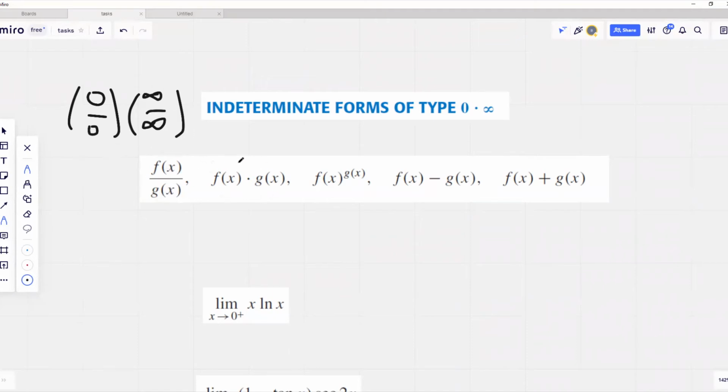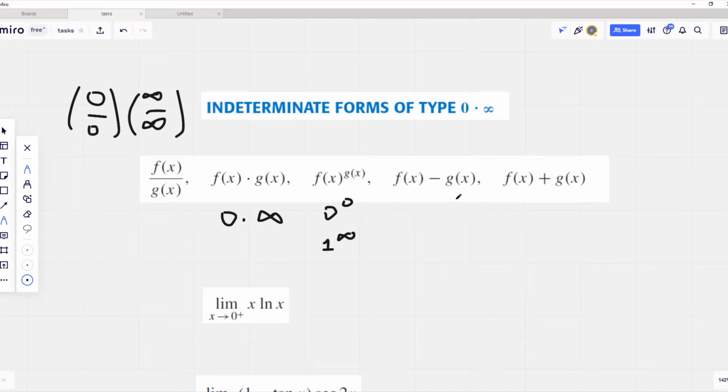However, if we are working with a product, this can also give us a conflict like 0 multiplied by infinity. f of x to the power of g of x, for instance, can give us an indeterminate form of 0 to the power of 0, or let's say 1 to the power of infinity, and so on. We are going to study some of this in a second.